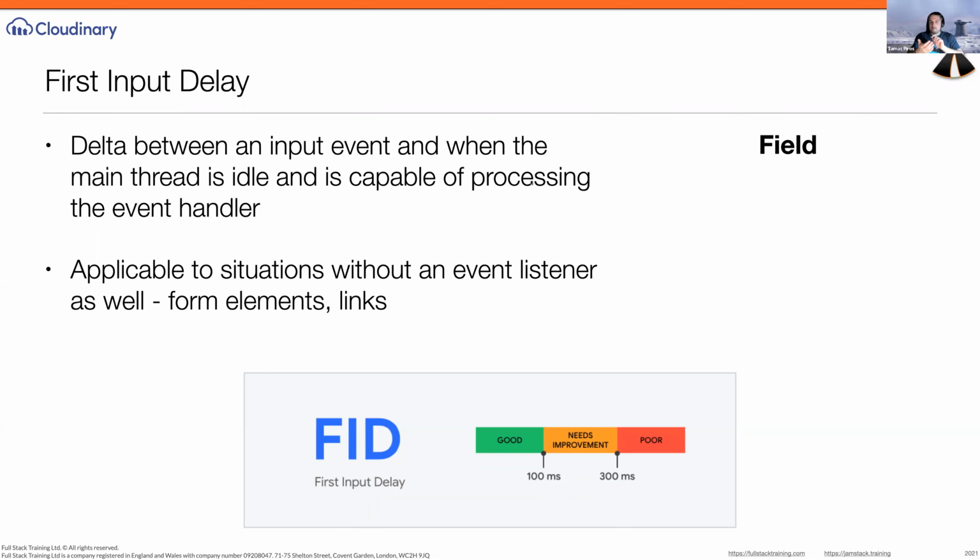And if you tap it and your keyboard doesn't show up on your mobile phone, for example, or on your desktop, you can't actually type something into that input box using your keyboard, that is considered to be a bad experience, and you're likely to get a very bad first input delay score. So you have to make sure that if there's an element on the page, a text box, people click it, they can start using it within 1 second of tapping it. Okay, that's pretty much first input delay summarized.